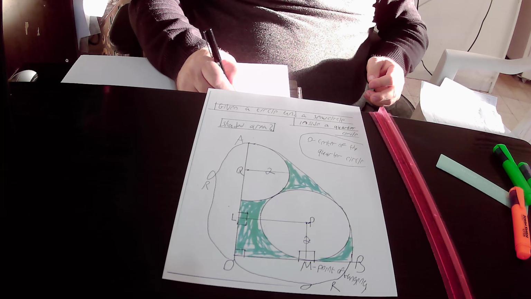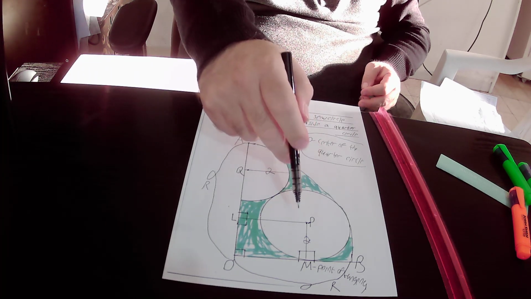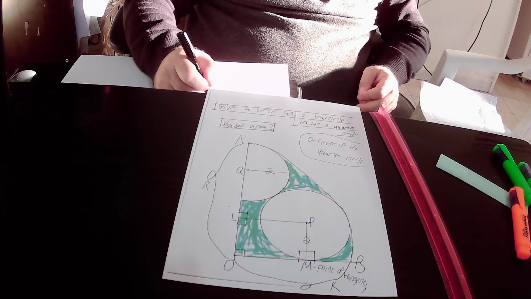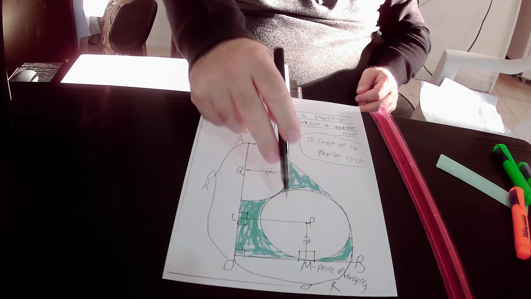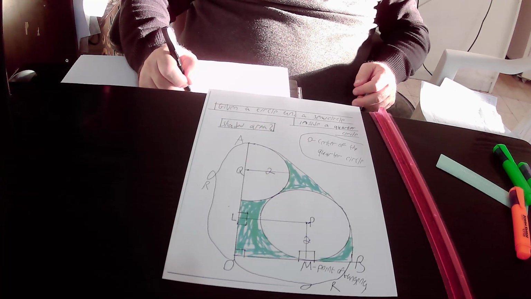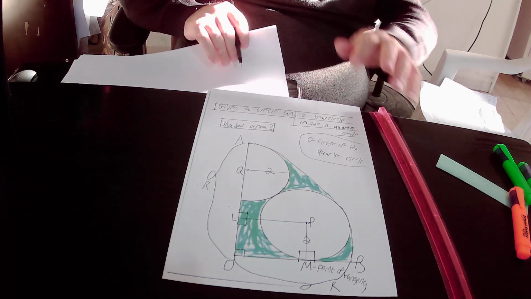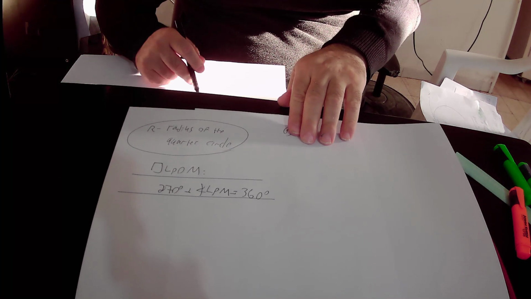So 270 degrees plus the size of this angle, that is actually angle LPM. In total, the sum of those 4 angles must be equal to 360 degrees, according to the rule that the sum of the angles in any quadrilateral is equal to 360 degrees.